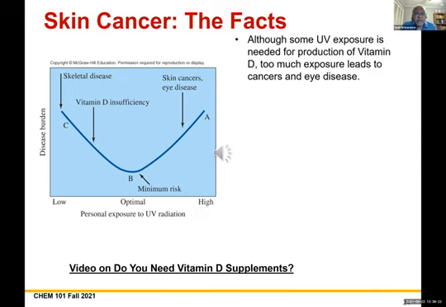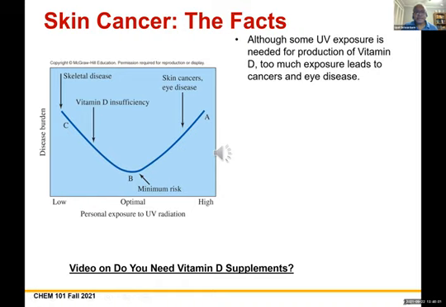The diagram here shows disease burden and exposure to UV radiation on the bottom axis. As you increase the UV radiation, a low amount, around C, causes skeletal diseases because of less exposure to sunlight.